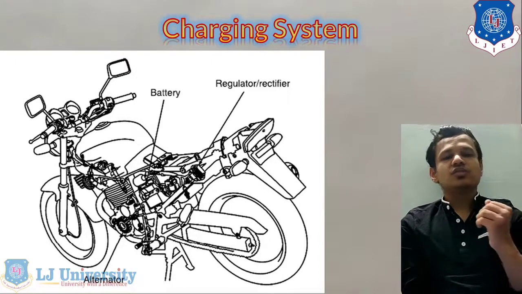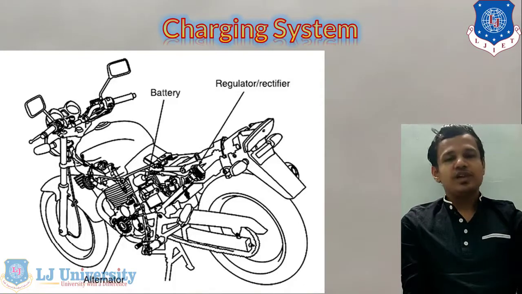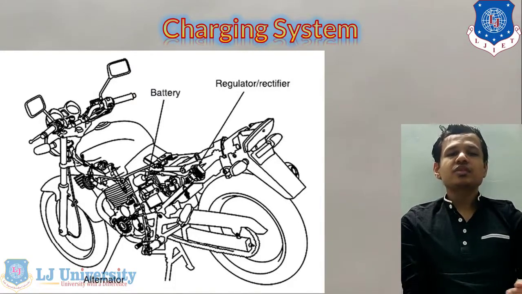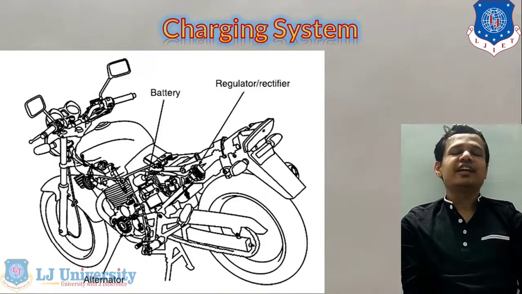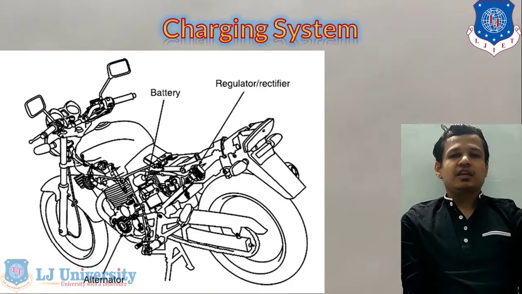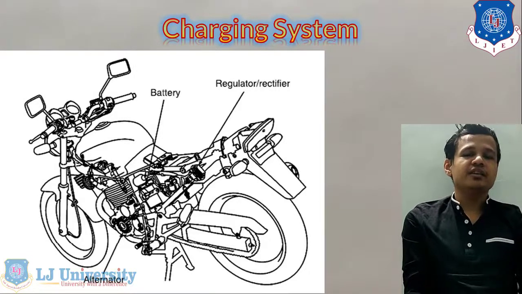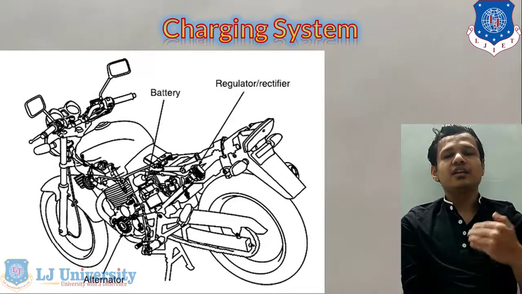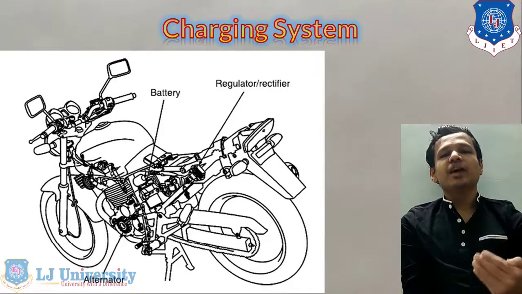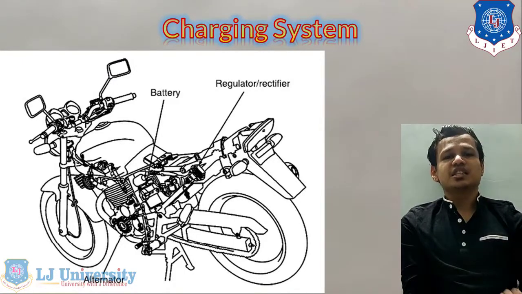Right? So the components which are used in the two-wheeler, you can see right now in this figure, are the alternator, the battery, and the third one is the regulator, or we can also say rectifier. Right? The function of the regulator is pretty simple. If the alternator is supplying current continuously, then at some point the battery will start overcharging.